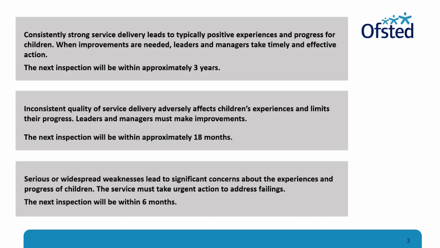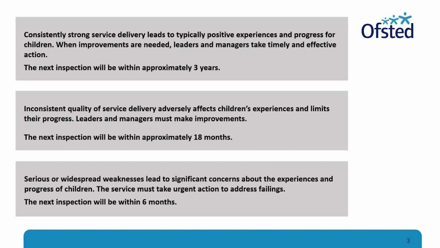One is less positive, but not quite as serious as the third one: when we see that the quality of service delivery is more inconsistent, which adversely affects some children's experiences and limits their progress. We might play around with the wording. We have had some feedback that this is a little bit too harsh, and we need to think about that. But you'll have a chance to look at the wording, make your own mind up and let us know what you think.